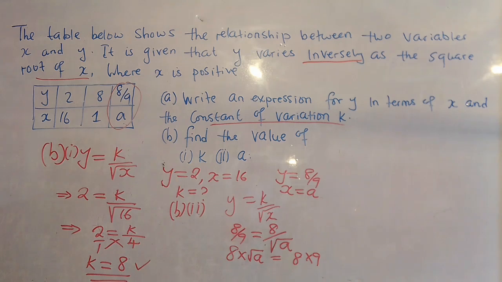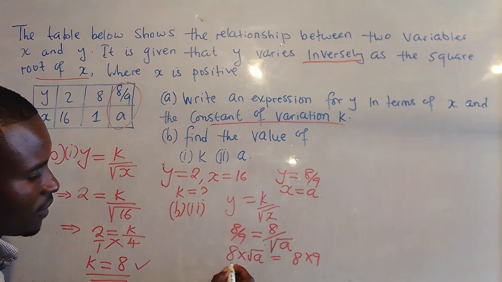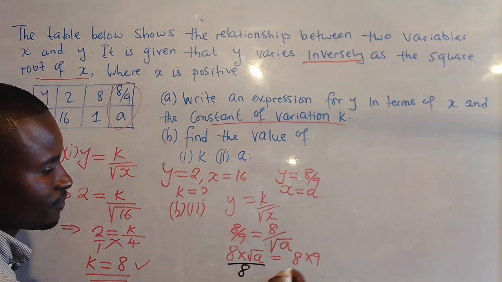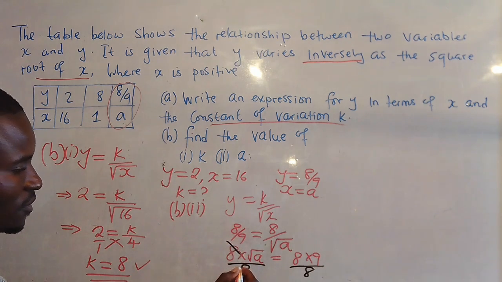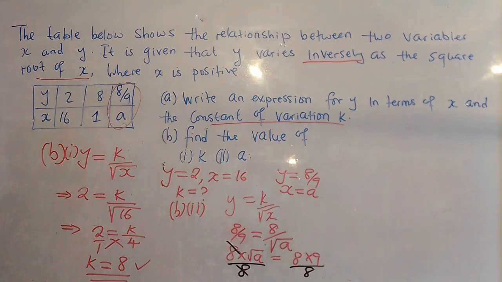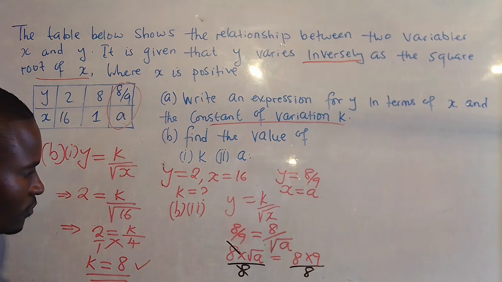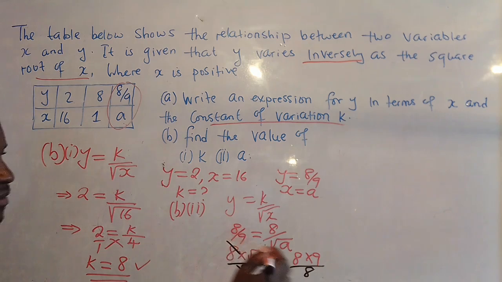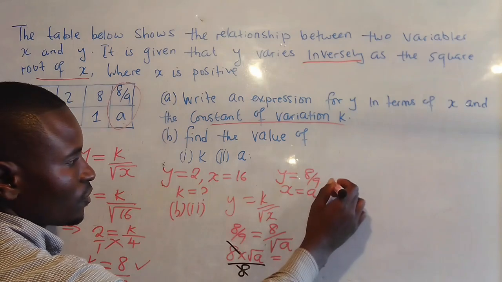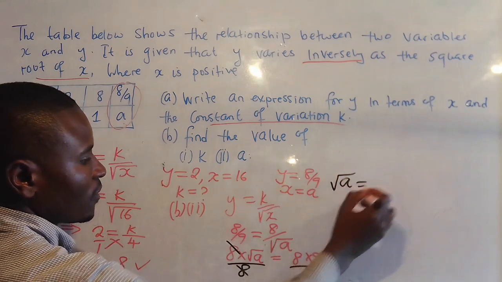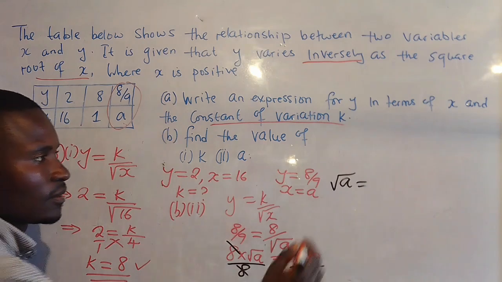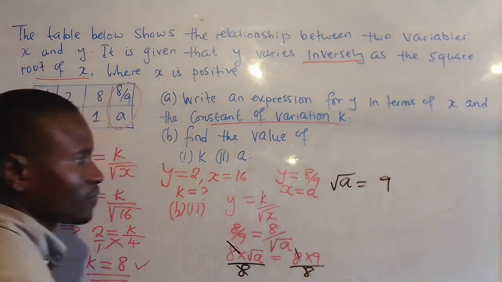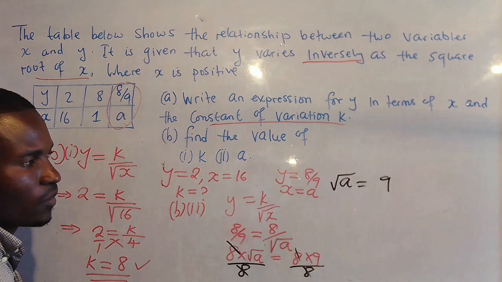Then we can divide both sides by 8, so this goes, and the square root of A is equal to 9.